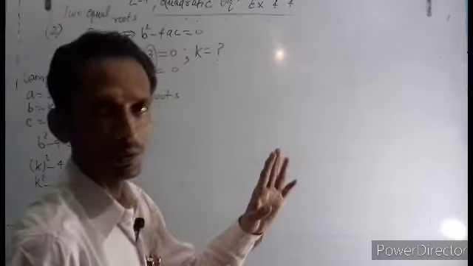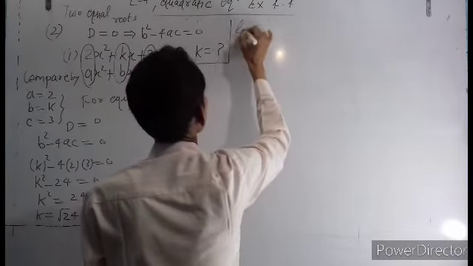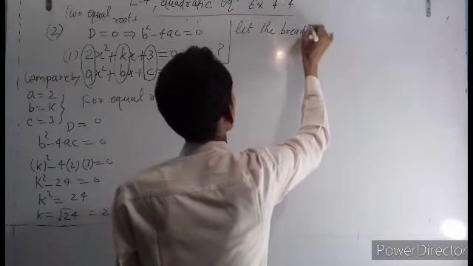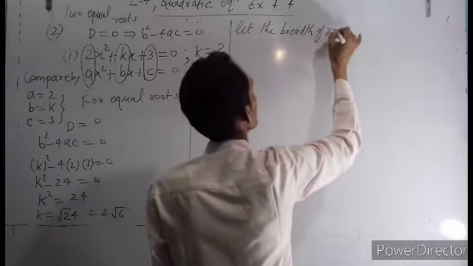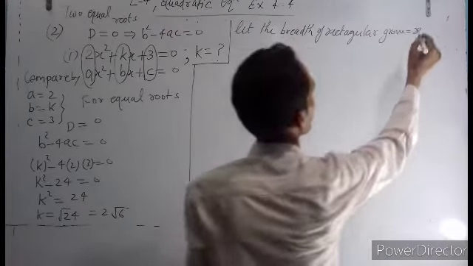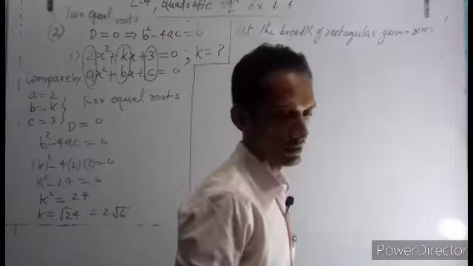In such a condition we have to assume, let the breadth of rectangular grove is x, according to the unit meters, so you have to use the meter, x meter.